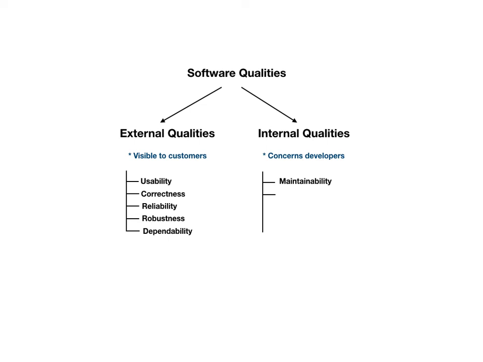The next one is reusability. Reusability is how well code can be reused. When developers write their code, it should be reusable. And the next one is portability. Portability is how well it can be run on different environments.